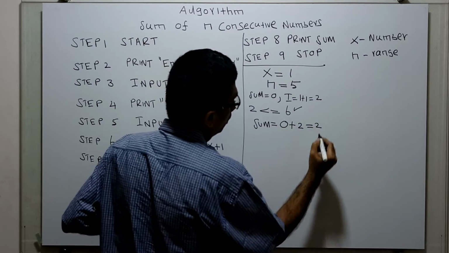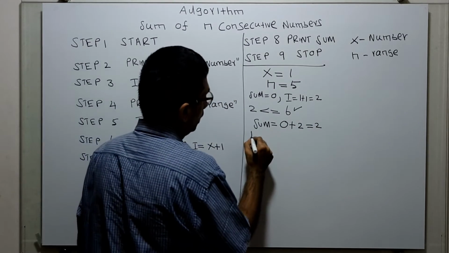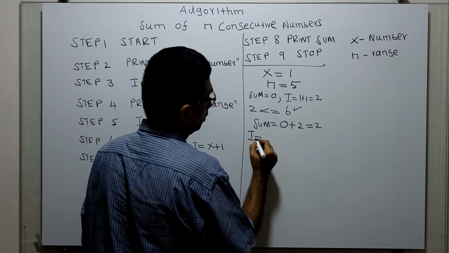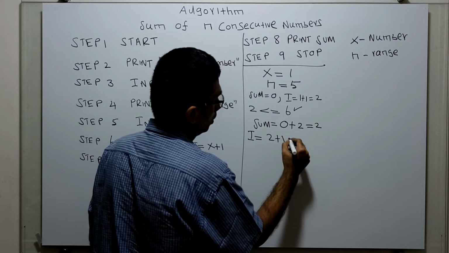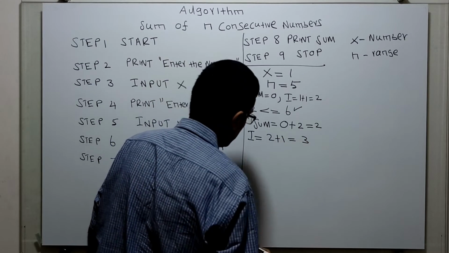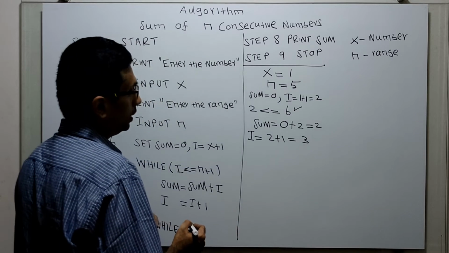Now the value of sum equal to 2. I am incrementing I equal to I plus 1. So I equal to the existing value of I, 2, plus 1, which is equal to 3. So this is the first iteration.